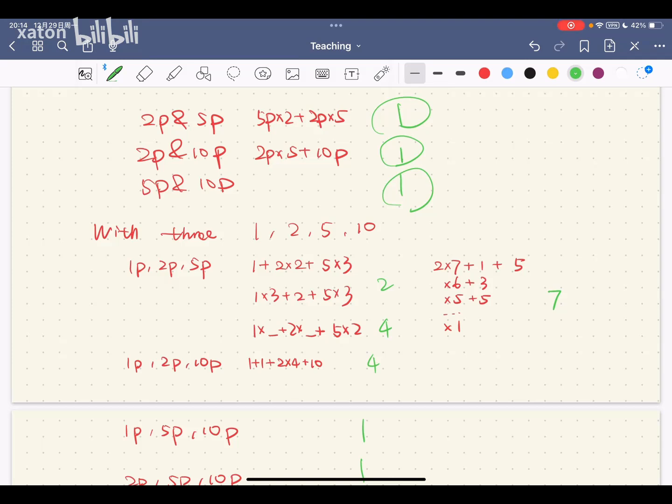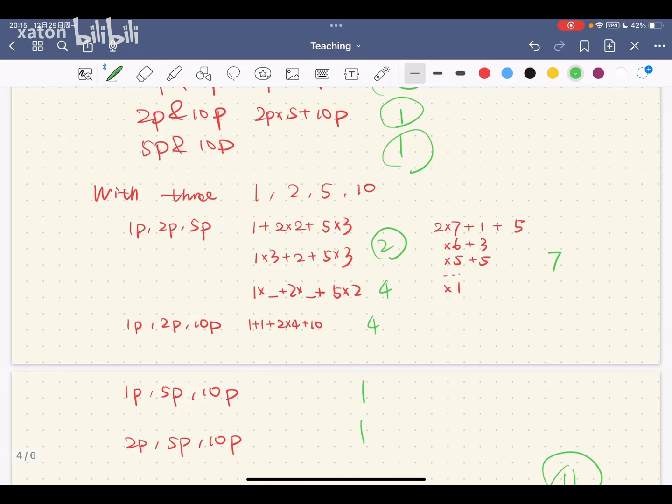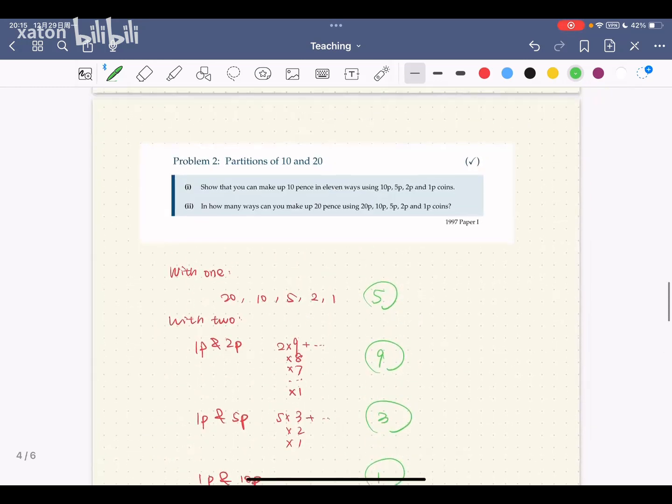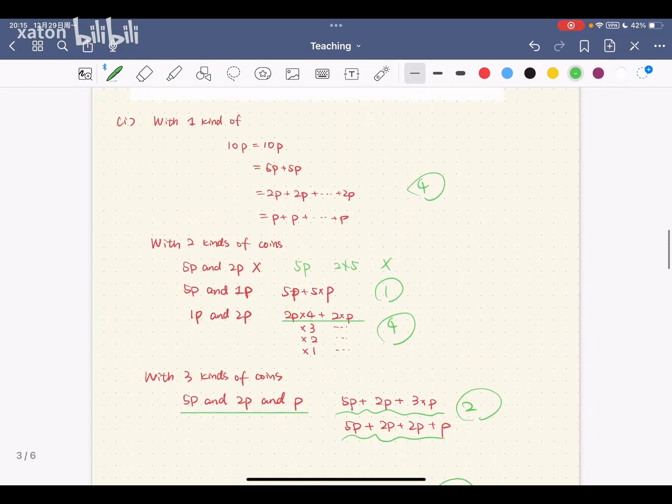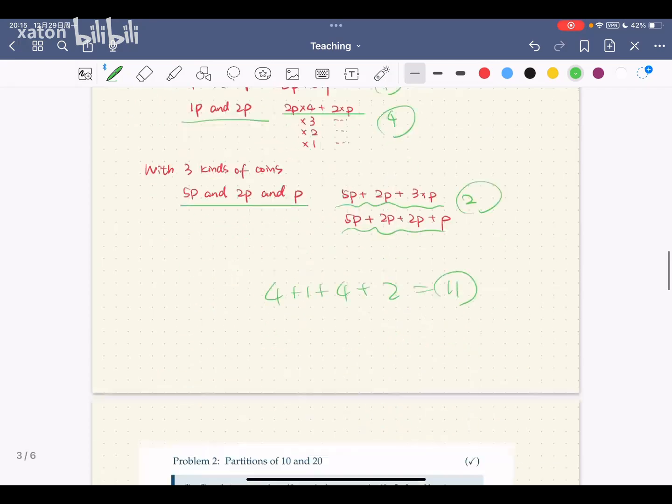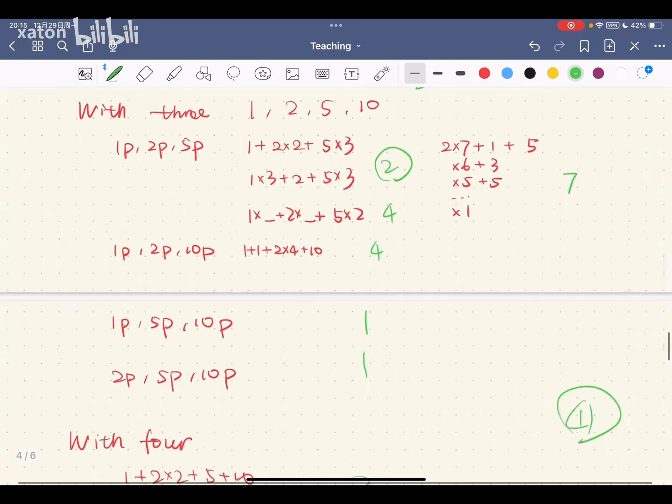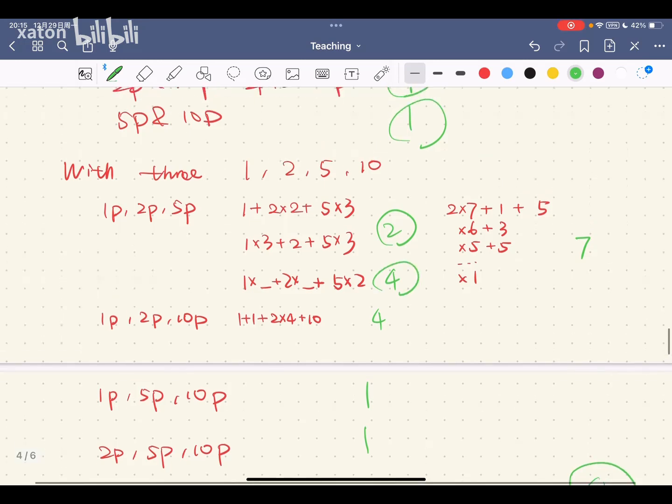If there are 3 5-pences, there are 2 ways of doing that, because 5 can be only separated in 2 ways, which is 1 plus 2 times 2 and 1 times 3 plus 2, since you have to use 1 and 2 both. When there are 2 5-pences, it's actually the same, so the answer should be 4.